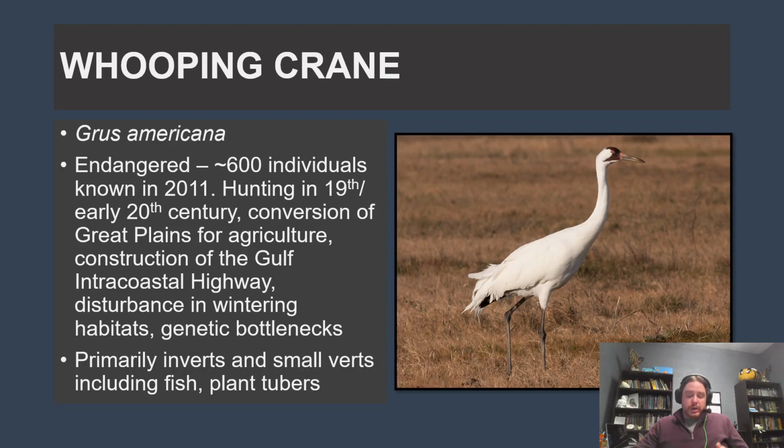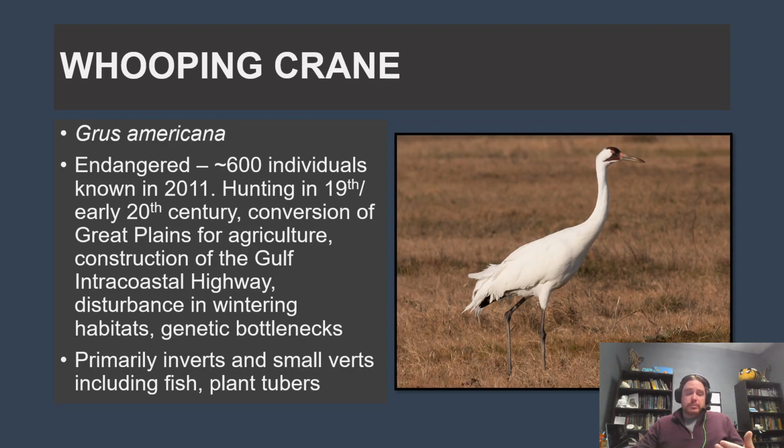So the entire population that exists today is based on the genetics of that 15 or so individuals from 90 years ago, give or take. That's a huge problem for these birds, right? They don't have a very highly varied gene pool to deal with the normal selection pressures.